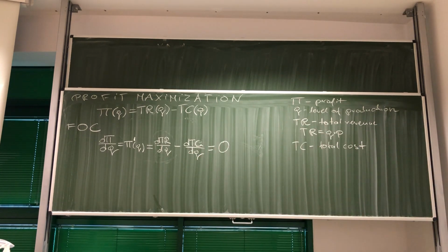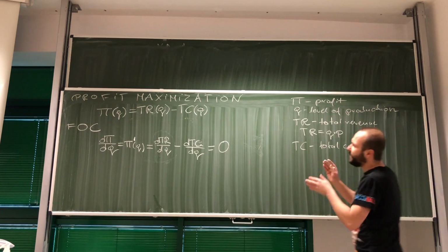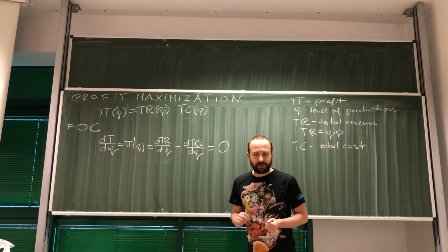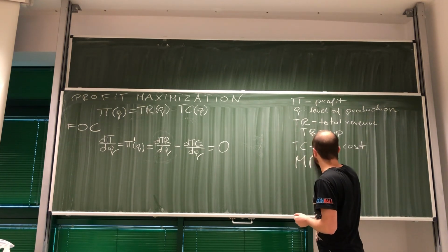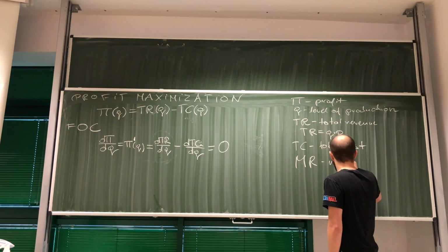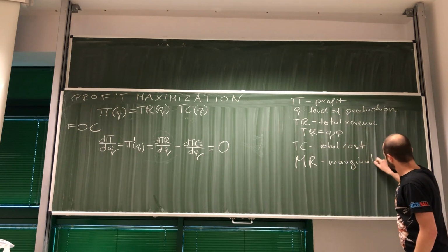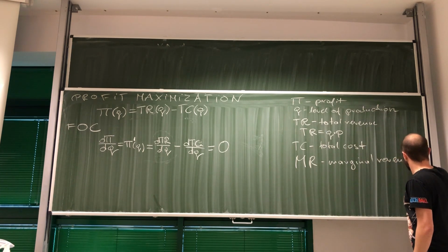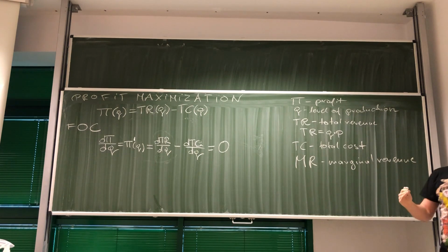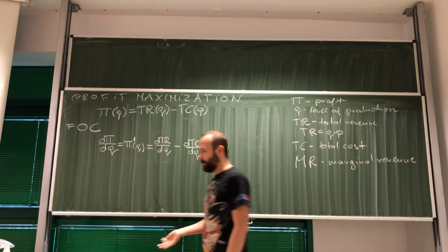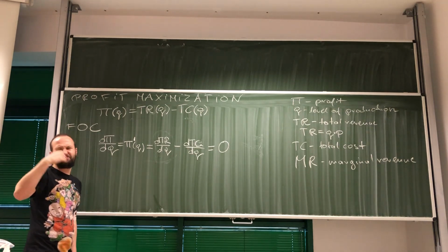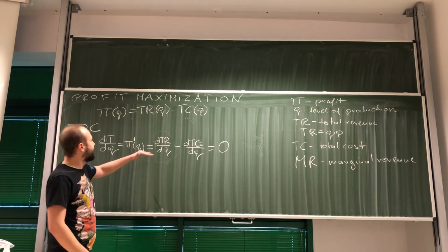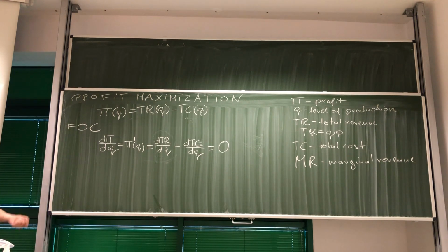And probably in your microeconomics classes, you've already heard a similar concept. This concept is marginal revenue. Marginal revenue is telling us by how much the revenue of the company is going to increase, or more generally, change, as the level of production is increasing by 1 unit.